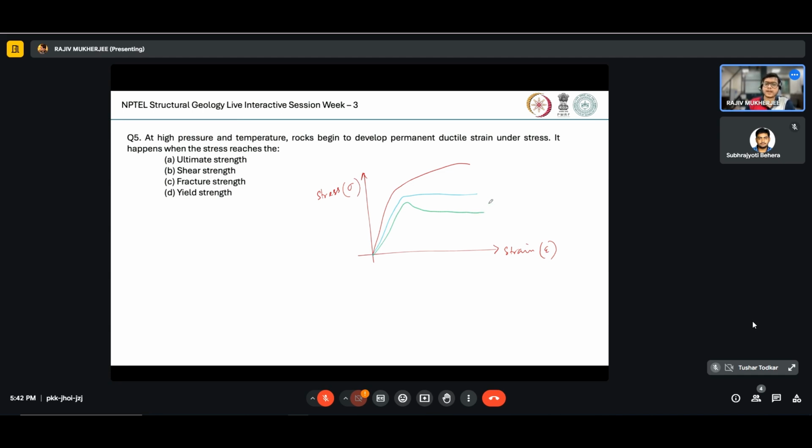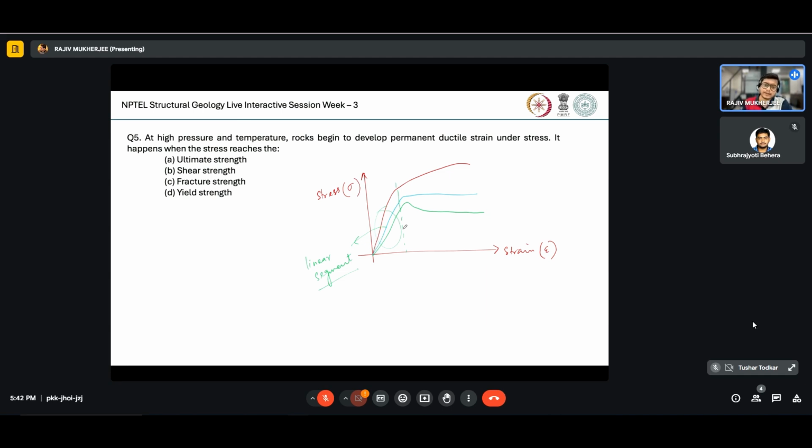In each case you can observe that there is a linear segment where the stress increases linearly with strain.